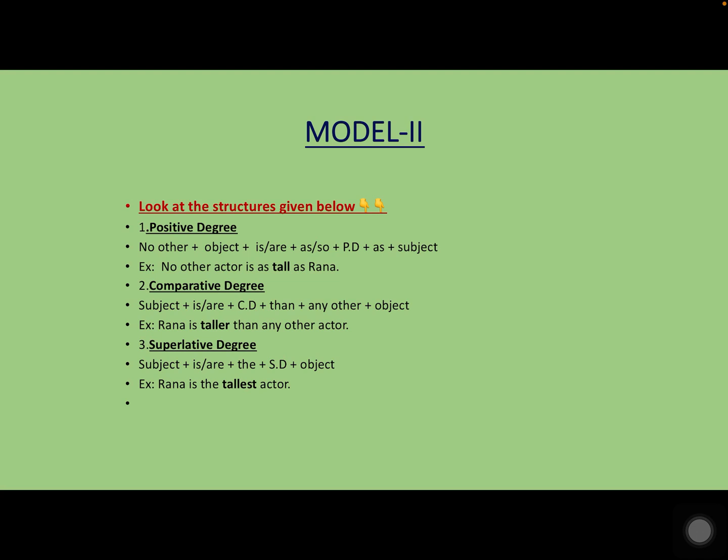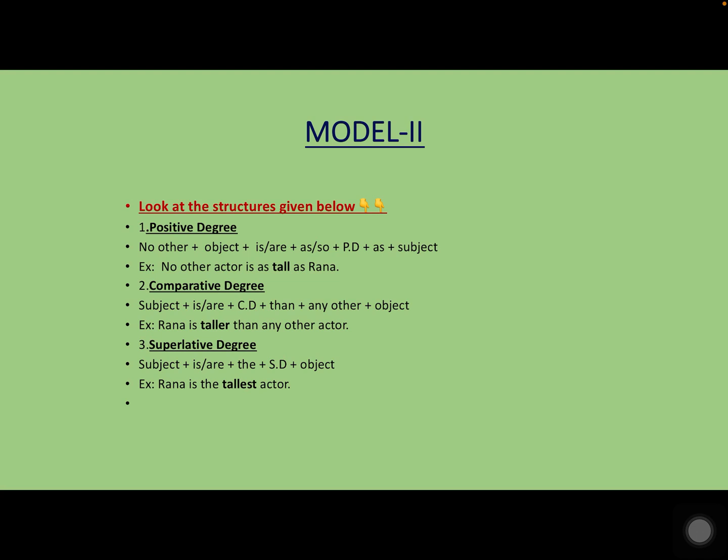Now when you have "no other" in positive degree, in comparative form you have to add "any other," and in superlative you have to add "the" plus superlative degree. This is how you have to change for the type 2, that is the model 2 type of sentences. So remember this very well, and then change it into the other degrees.